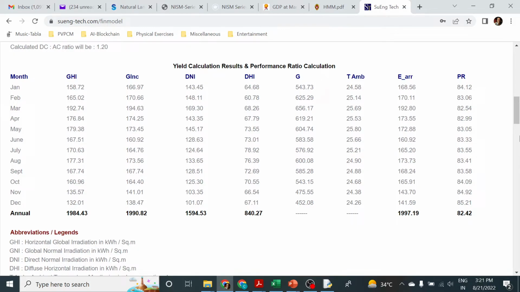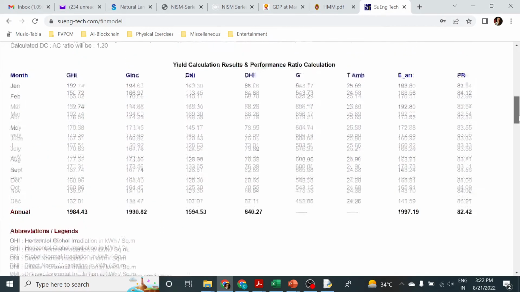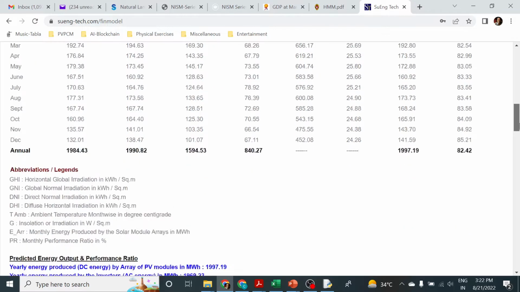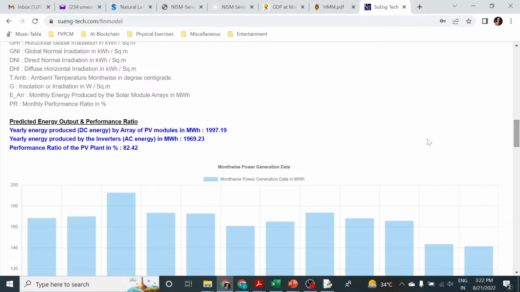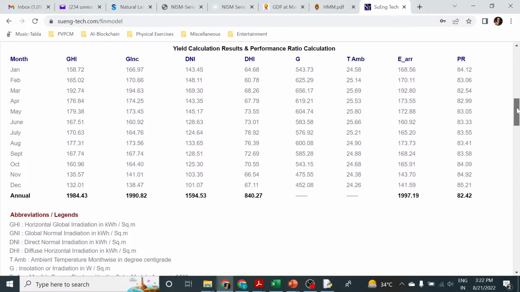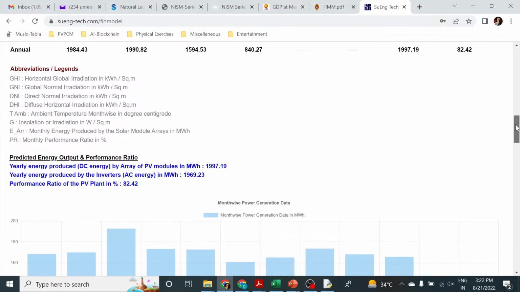So 1997.19 megawatt hour is the DC output, and here it is the month-wise performance ratio. So the final, overall performance ratio of the plant is 82.42, and you see here various abbreviations are given.